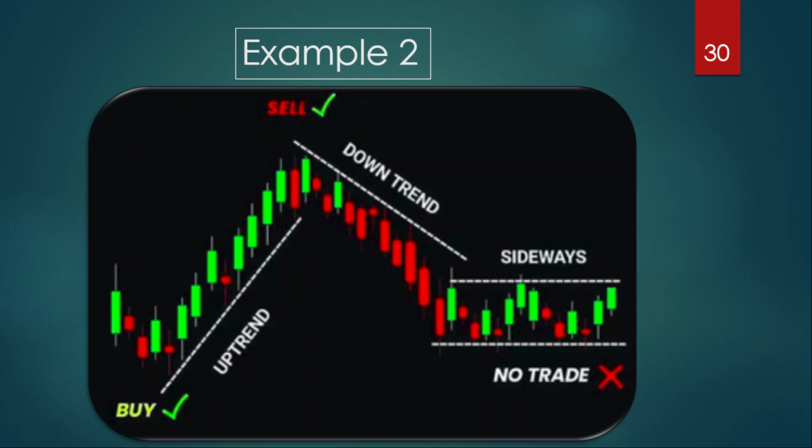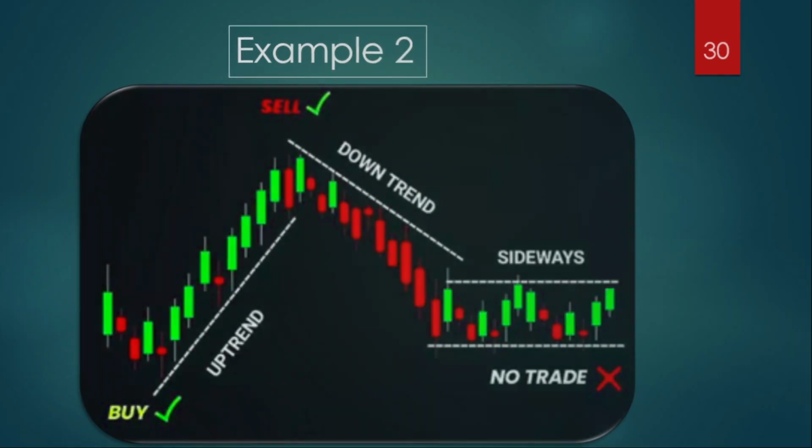This is what typically will be happening. For an uptrend, we'll have a market that is trending up, for a downtrend, a market that is trending down, and for sideways, a market that is forming a series of lows and a series of highs.